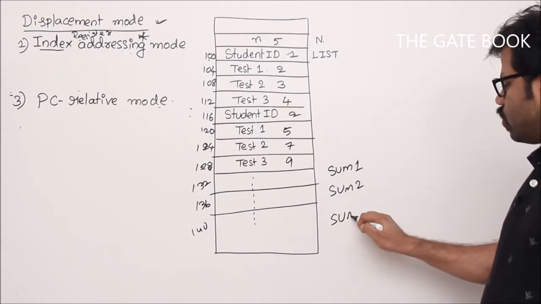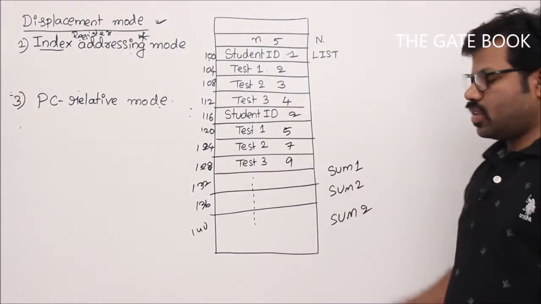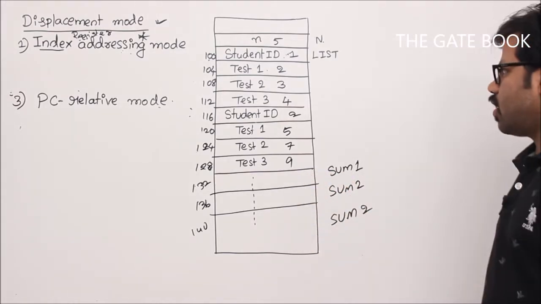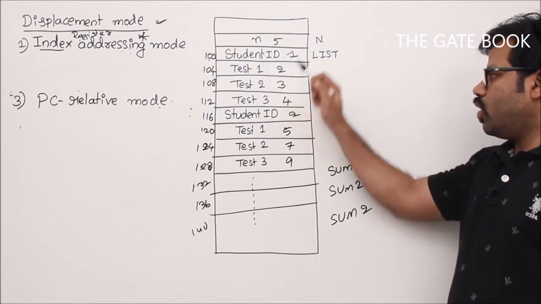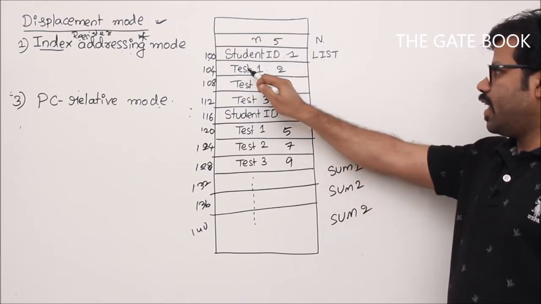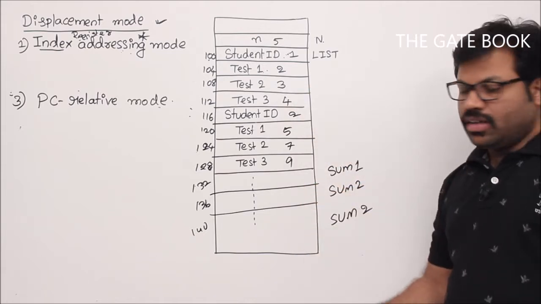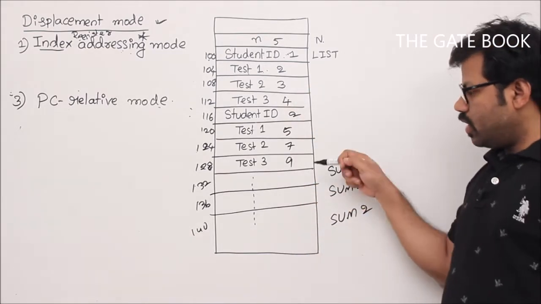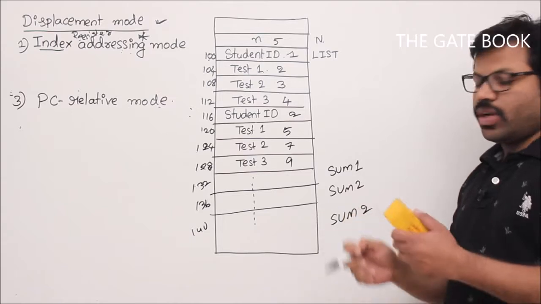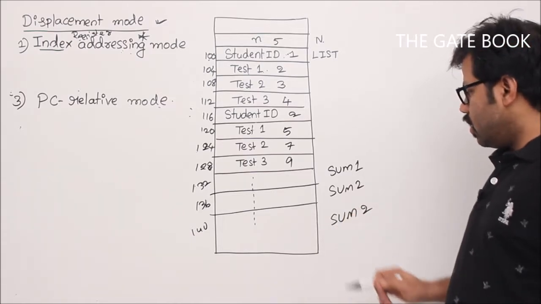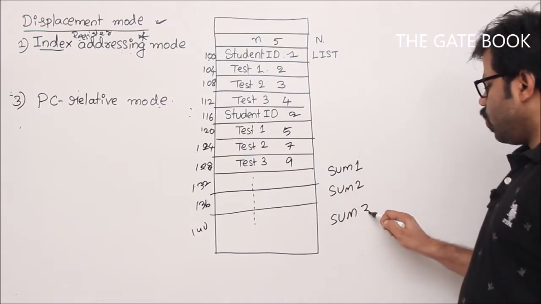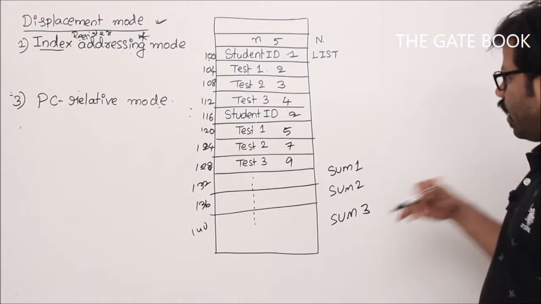Here we have to store the aggregate of the students' marks. That means every student's test 1 marks should be added, every student's test 2 marks should be added, and all the students' test 3 marks should be added together and stored in sum 3. That is the program we have to write. For that, we will see how to write it.